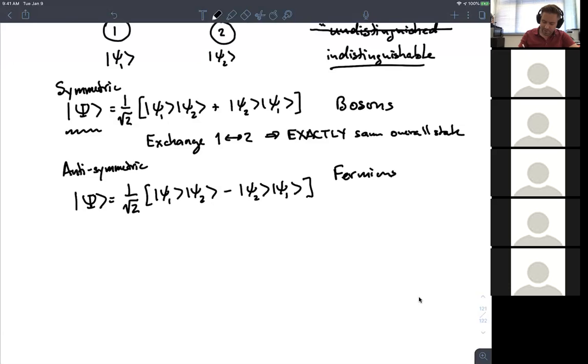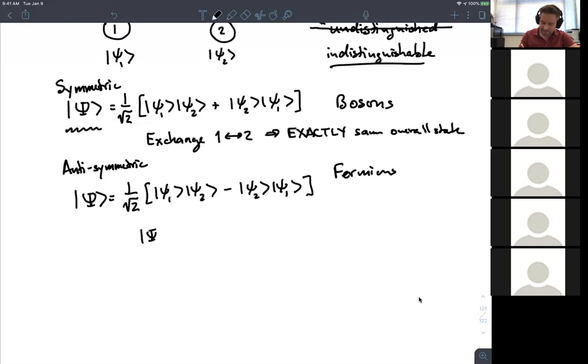So here what happens is that if I look at Psi1,2 and I exchange particles 1 and 2, what I get out is minus Psi2,1. So if you switch the two particles, you get a minus sign. Again, I can't do quantum field theory in this course, so you've got to just take my word for it that this is the case. Or if you have a good explanation, I would love to hear it.